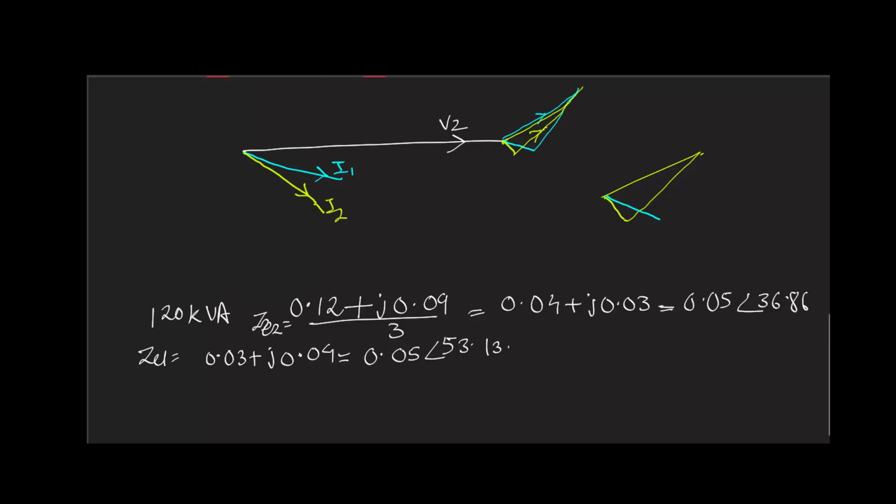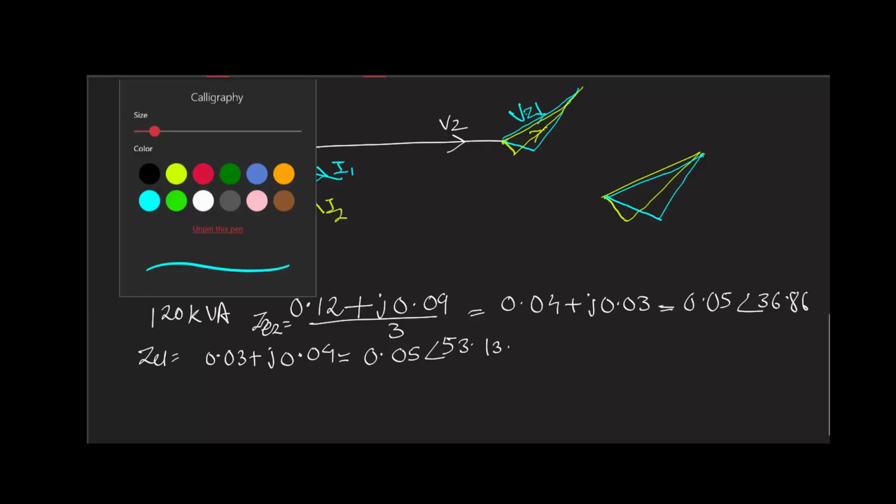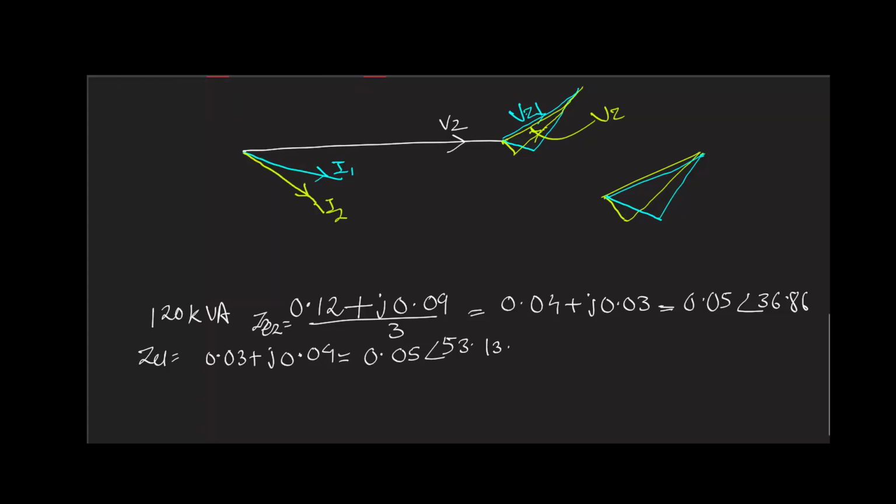But if we consider the equivalent circuit, we can draw it like this. Here we have jD1, V1 by A1, and then here V1 by A2 and jD2. This is VZ1, this is VZ2.